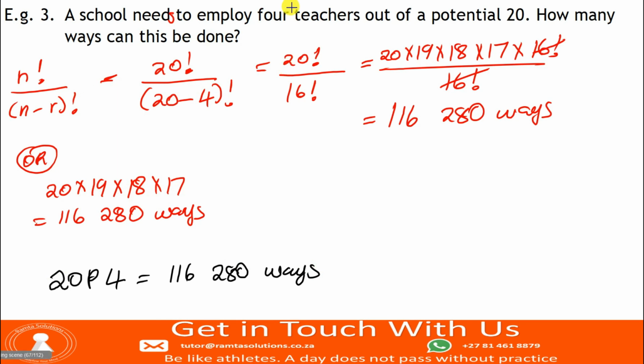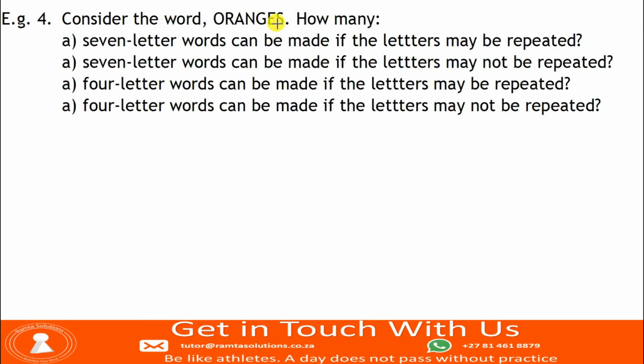Okay. Proceeding. Number 4, this is interesting. We have oranges. Now, this word oranges is made up of 7 letters. Now they say, number A, let's go. How many 7-letter words can be made if the letters may be repeated? It's a simple thing.